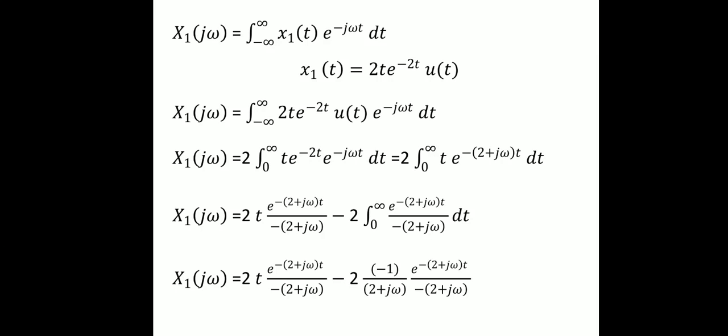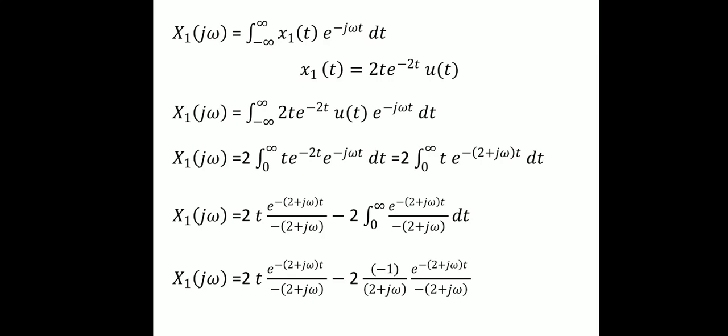So upon integration, we'll have the result for the second term: minus 2 times minus 1 divided by (2 plus j omega) into e power minus (2 plus j omega) t divided by minus (2 plus j omega). Now the minus signs cancel each other, so we get (2 plus j omega) the whole square.